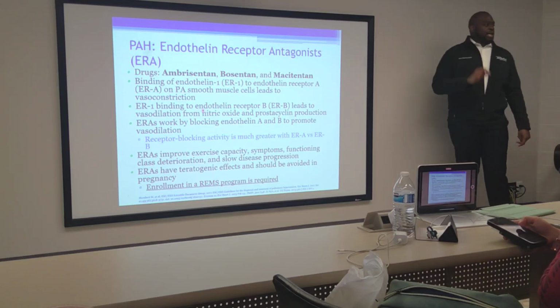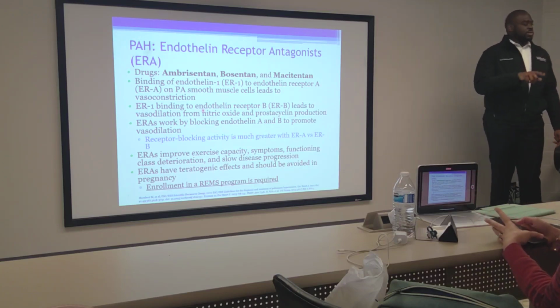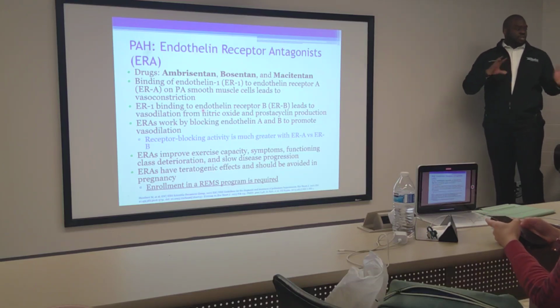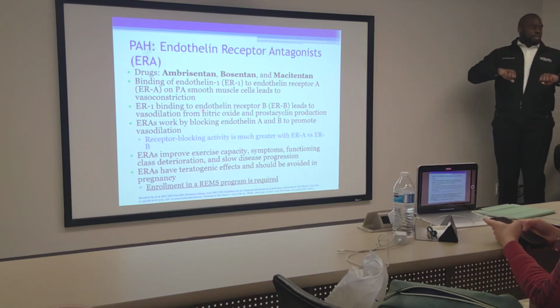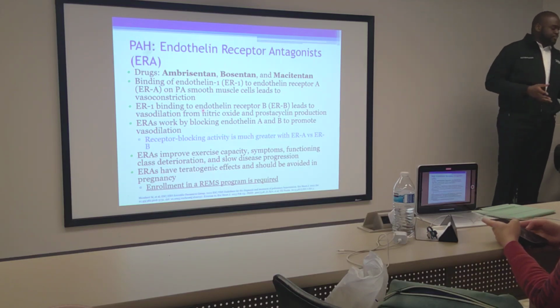And then the same ET-1 also binds to your endothelin receptor B, which is ERB, which leads to vasodilation through nitric oxide and prostacyclin production.